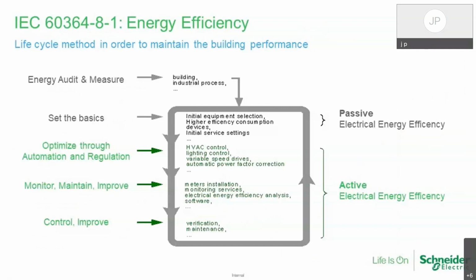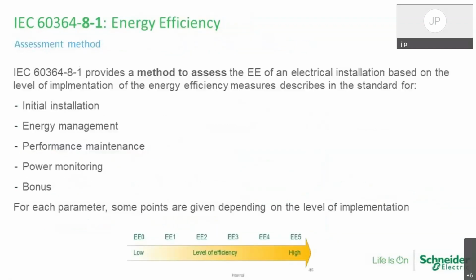This is based on what we call the passive energy efficiency measure, and the active electrical energy efficiency measure, which is made on automation and control, the monitoring of the installation to improve it, and also the control with verification and maintenance of your installation in order to make sure that you maintain the level of efficiency of your installation. So this is also something which is very important to implement in your installation.